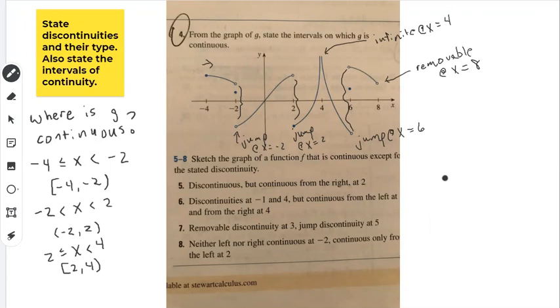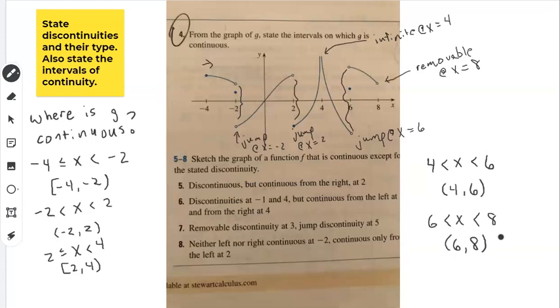So we would write that as 4 less than x less than 6, which would be this interval right here from 4 to 6. And then from 6 to 8. That would be the last interval of continuity. So from 6 to 8, x could be between 6 and 8. And I could write it like this as well.